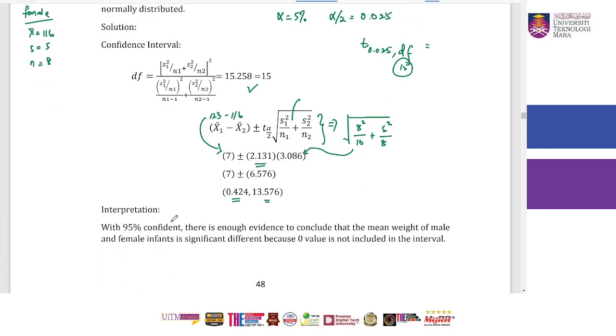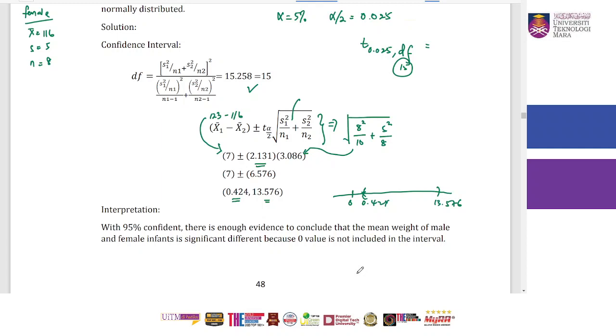So look at the interval. Is 0 included in the interval? The answer is no, right? So there is no 0 in the interval because 0 is outside of the interval. So if we draw a picture here, we have 0 over here and then we have 0.424 over here and then you have 13.576. Okay, so that means since 0 is not included in the confidence interval, you can conclude that there is a difference.